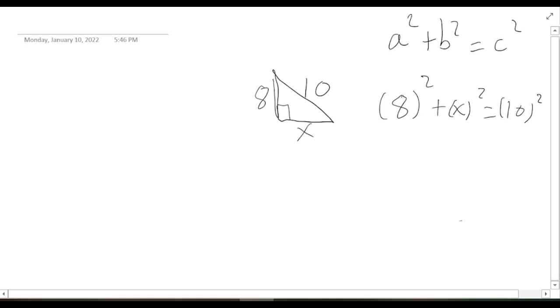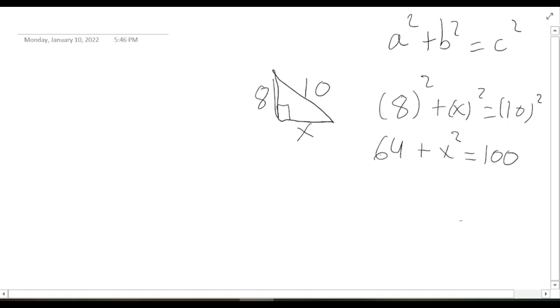So let's start solving what we know in this equation. 8 squared, or 8 times 8, is equal to 64. We don't know what x squared is, so we'll just leave x squared. And 10 squared, so 10 times 10, is equal to 100. And so from here, we can just solve it like a regular equation.